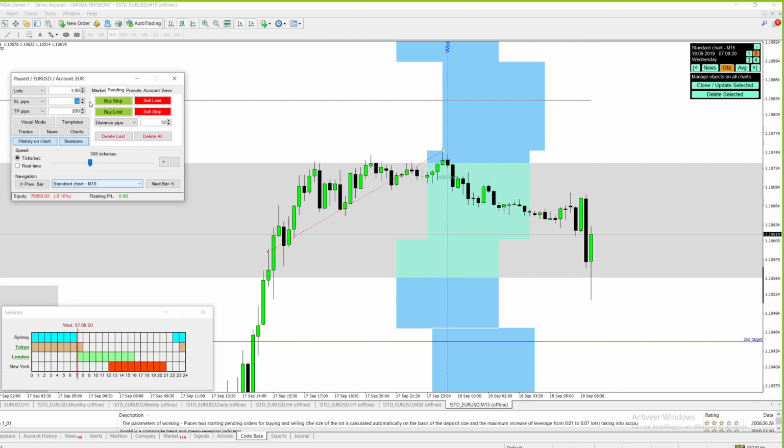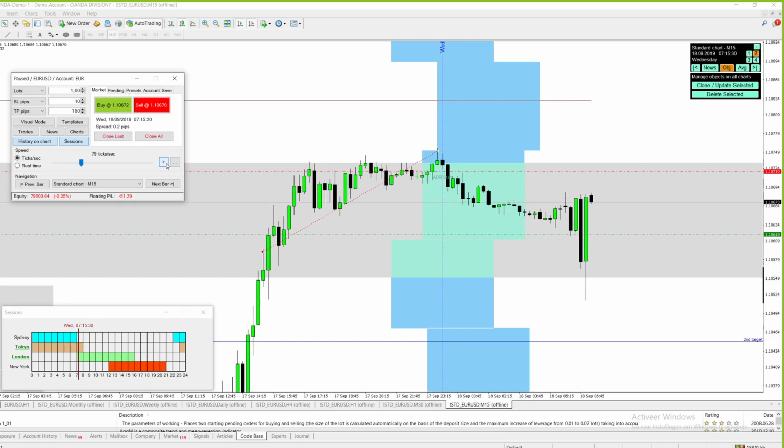So conservative stop would be 10 pips. And then let's see how price reacts off this. Yeah, so it's disrespecting right away.